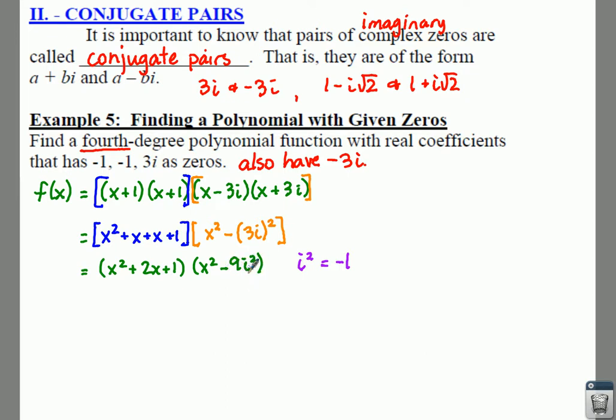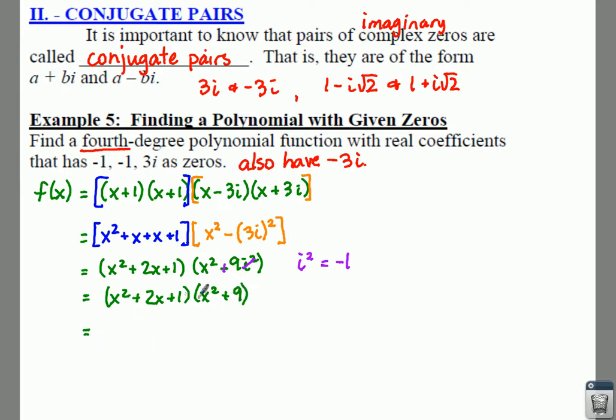So what I like to do is anytime I have an i squared, I just mark out the i squared, and change the sign in front of the coefficient in front of my i squared. That's all you're doing. You're multiplying by -1, which just changes your sign. So we're going to have x squared plus 9. And notice that we have gotten rid of all of our i's. Both i's. It's going to leave a mark.